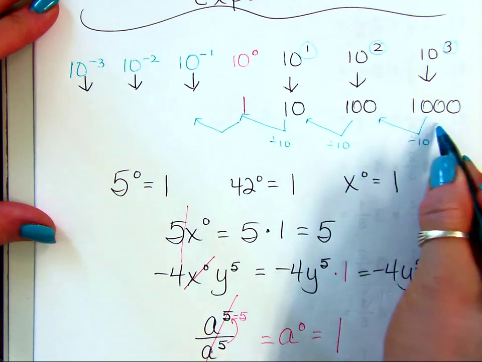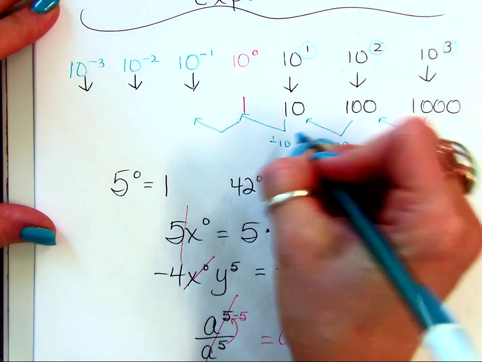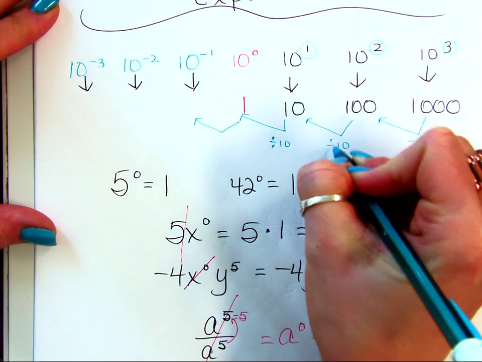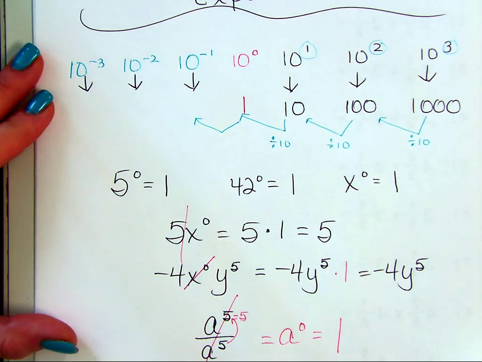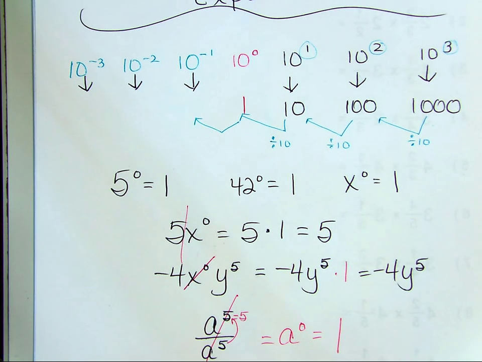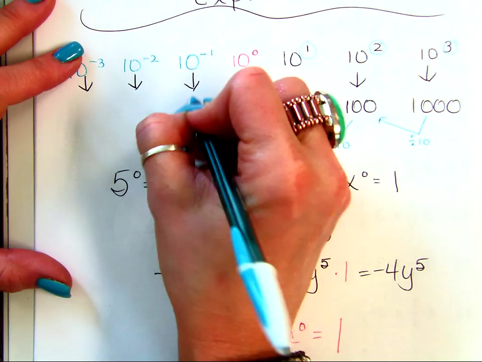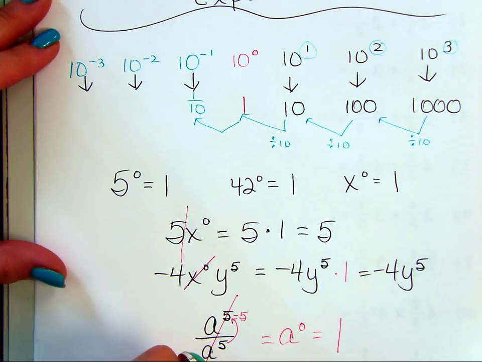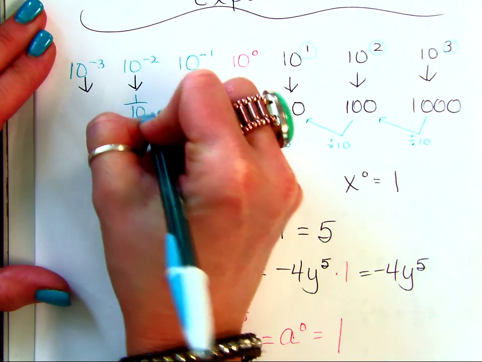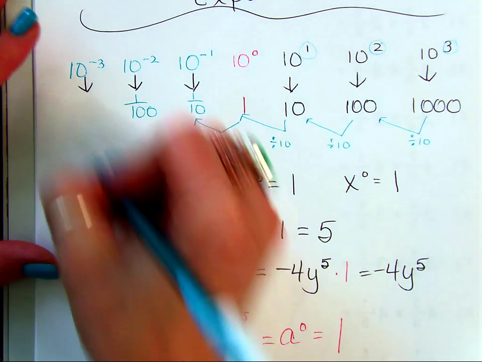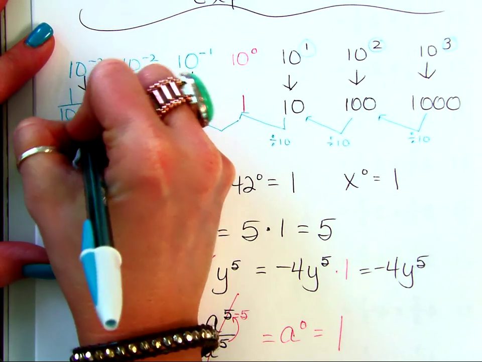Take the previous one and divide it by 10 again. That's a division symbol. So take that 1 and divide it by 10, and what do you get? 1/10, right? Take that 1/10 and divide it by 10, and you get 1/100th, and then 1/1000th, okay?